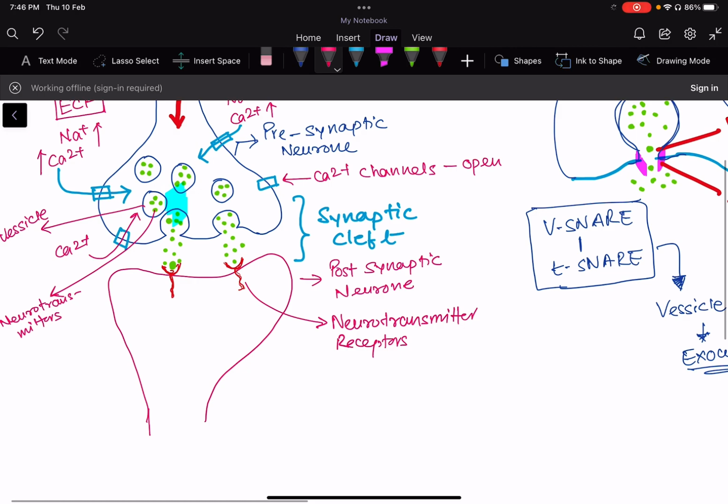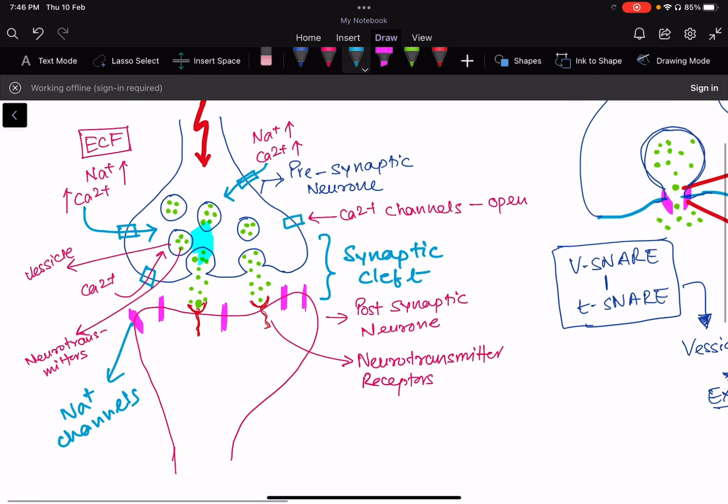When these neurotransmitters bind with this receptor, some channels are again opened in here. Okay, let's say these are the channels, and these are basically sodium channels.